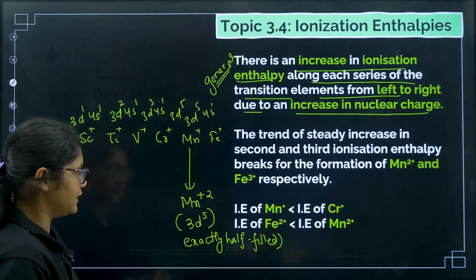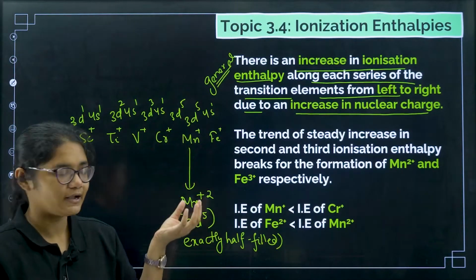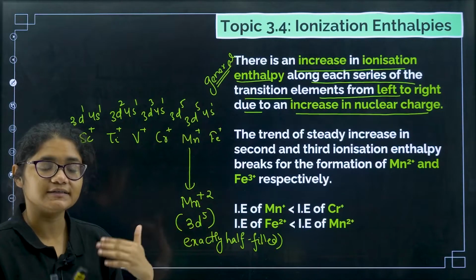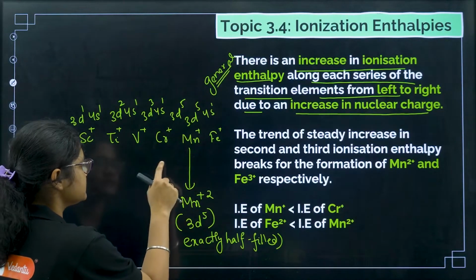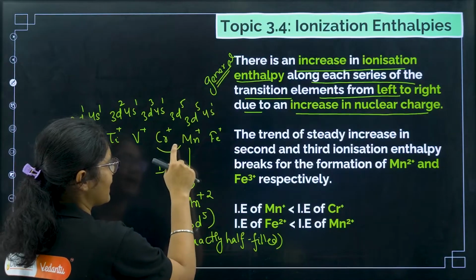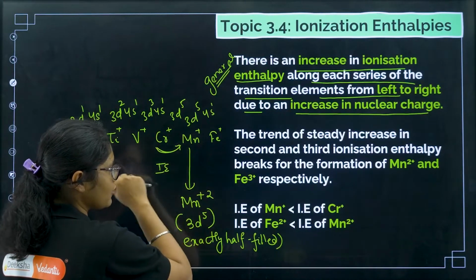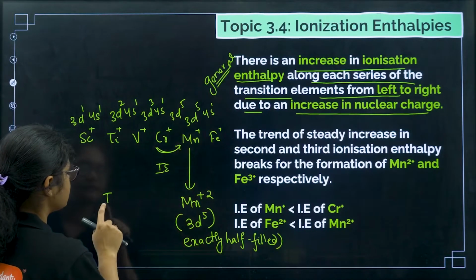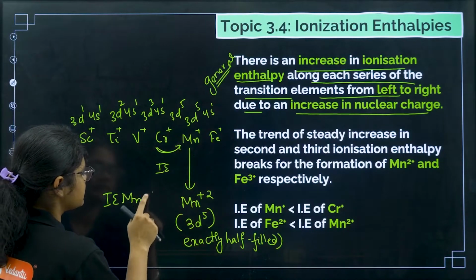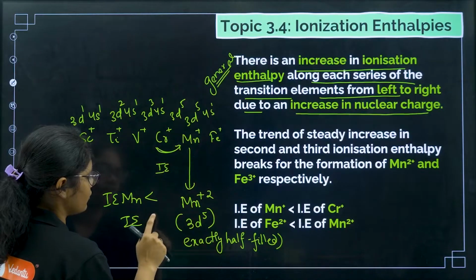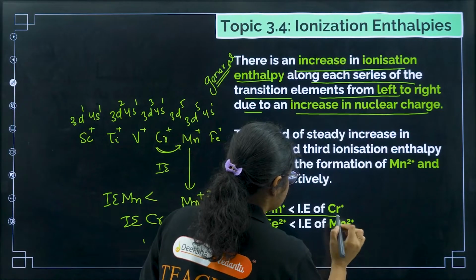So what happens here? Because it is very easy to go from Mn+ to Mn2+, as it is gaining stability, the ionization enthalpy from chromium to manganese becomes less. Along the period it should increase, but the ionization energy of manganese is less than the ionization energy of chromium. That is what I have written here.